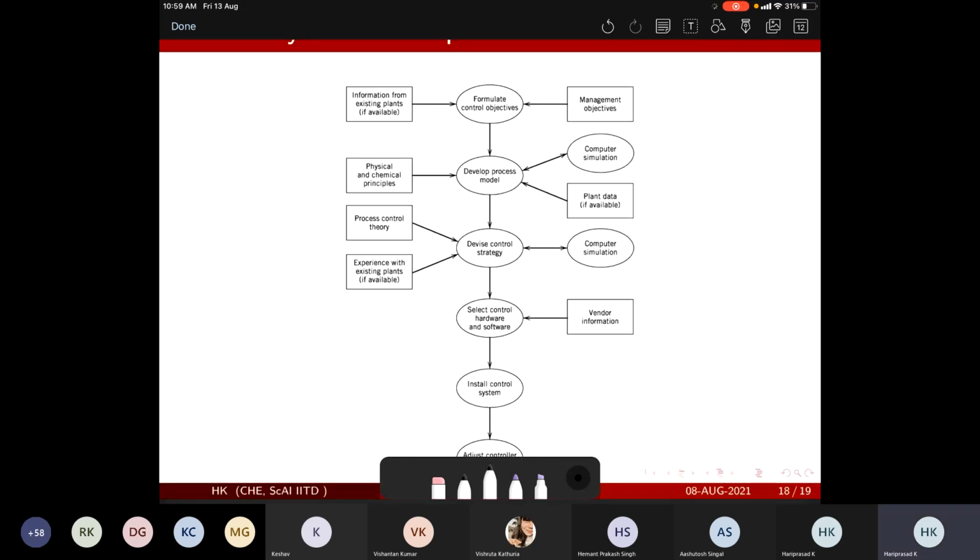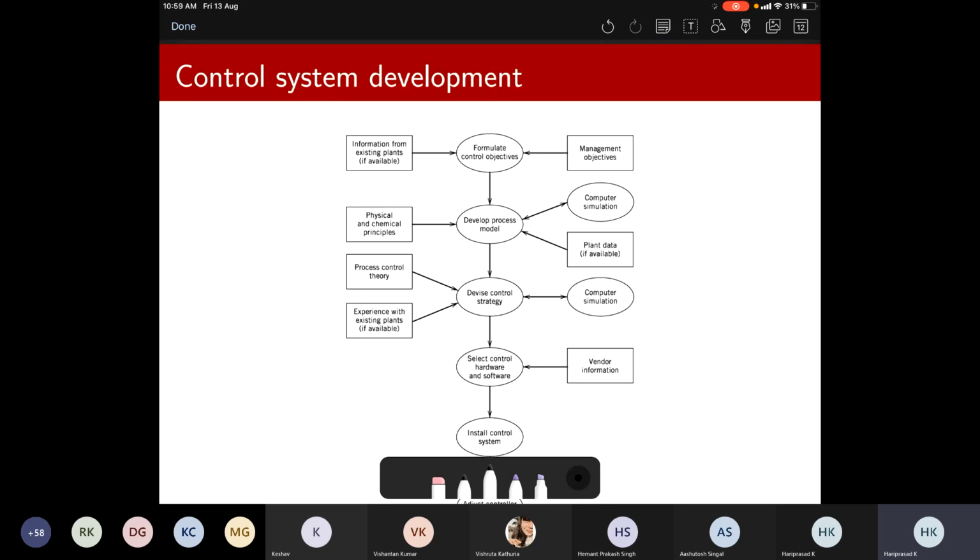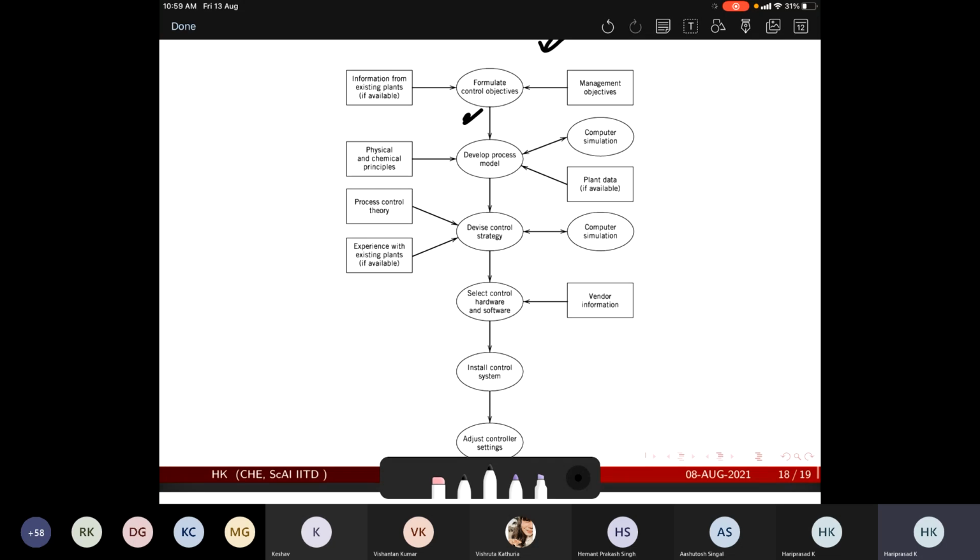I am not going to go through this. What it just says is that it's the development of a control system. Development is not a simple task. You need to identify the objectives, develop a model, and devise a control strategy. You need to have hardware, then install it, then do the settings. Why do we want to do it? Because it's a cross-intersection area.